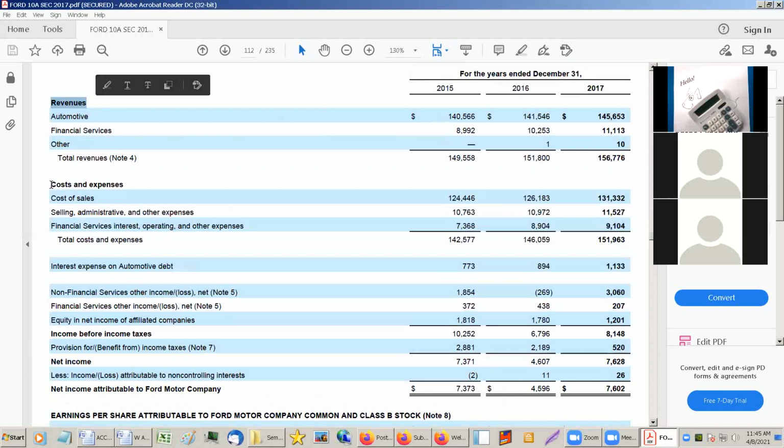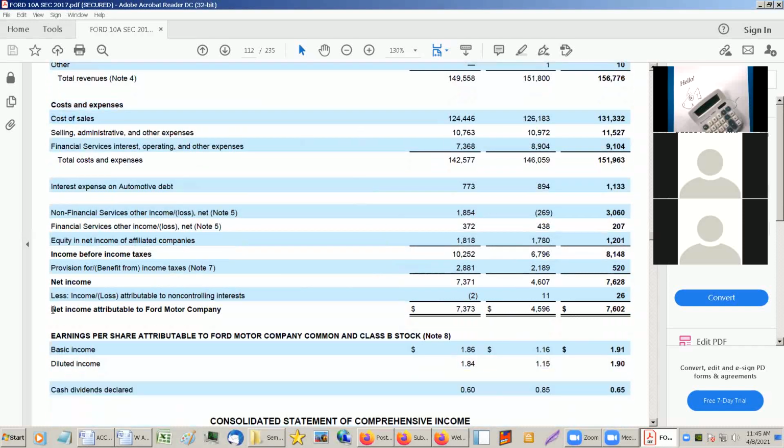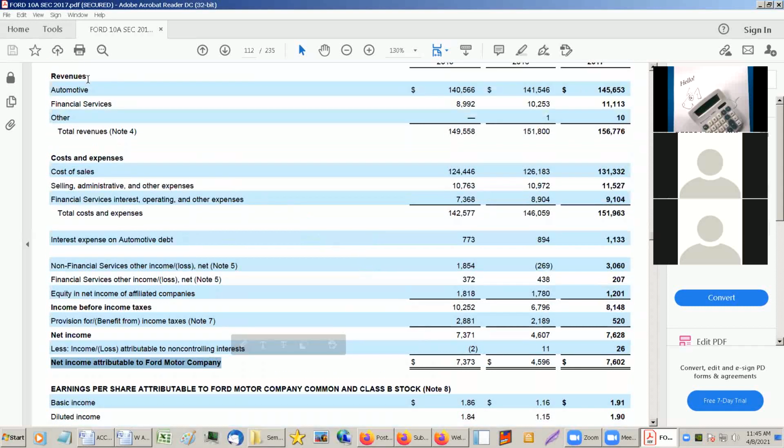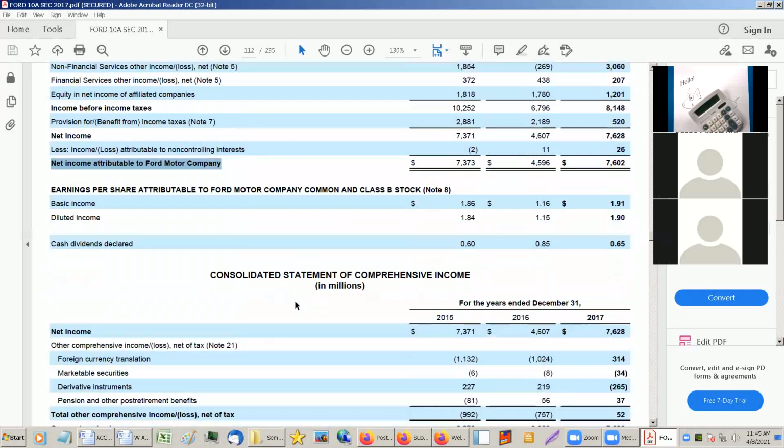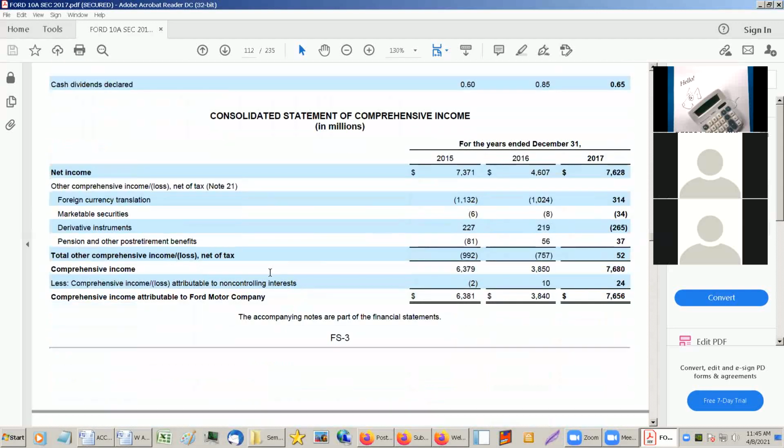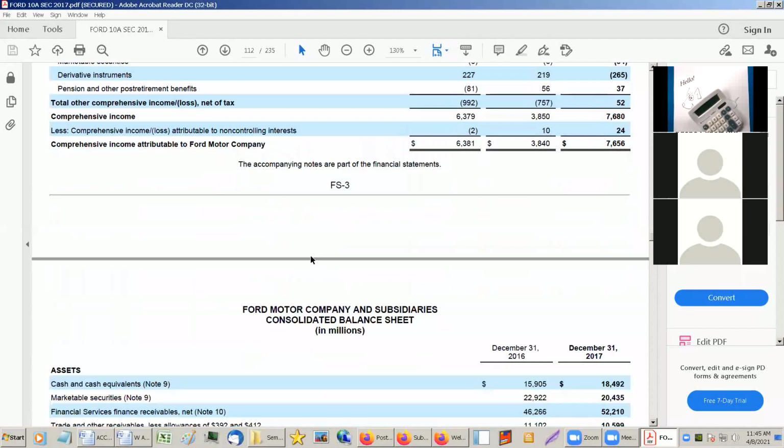Revenues, costs and expenses, they're taking everything out, and here's their income. So revenues, money coming in, costs and expenses, money going out, and income. There's a few hoops in there, but basically the same thing. Comprehensive income is a wacky thing that we're not going to talk about.